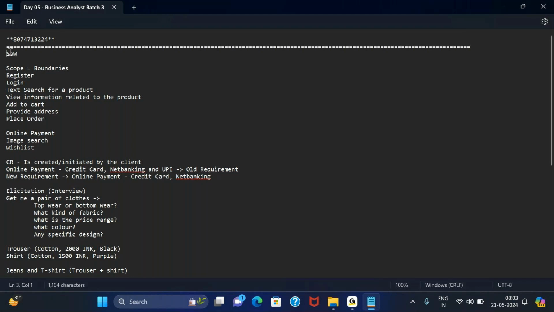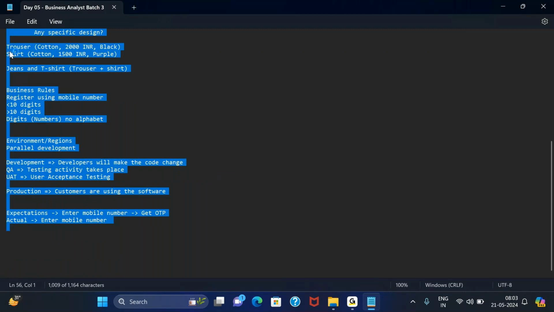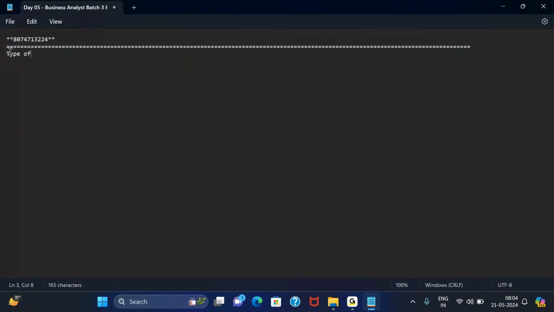Now, what is today's topic? Since there could be a few people who may not be from the IT industry, we will understand the different types of IT companies, or you can also call them industries. When I say IT companies or industries, I'm talking about organizations that deal in making software.